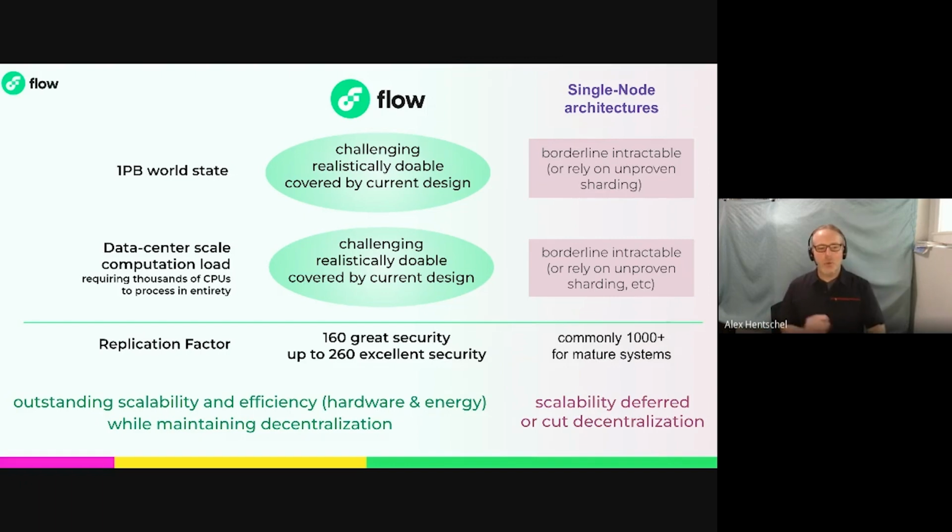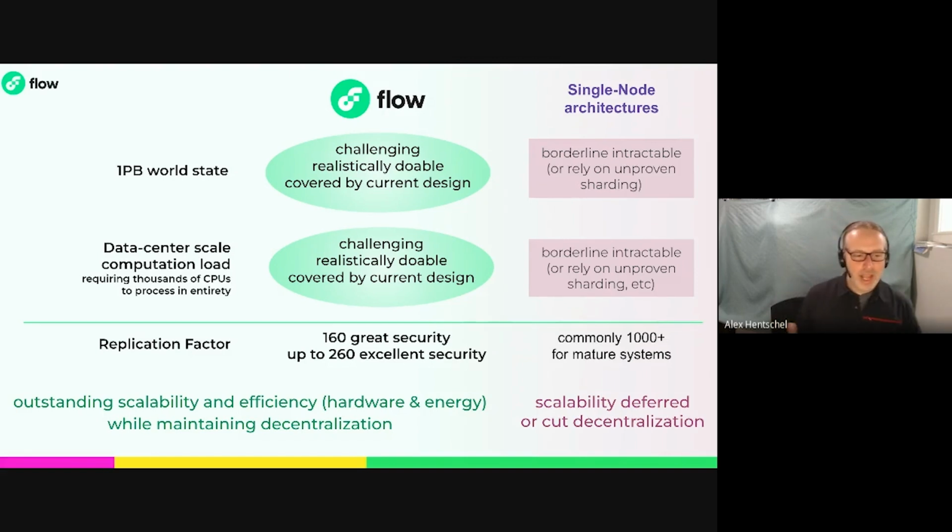And that's the reason why Flow has decided to take on the larger complexity of separating all those functions out into different nodes and not just going with a single node design. Because we believe that in the end, this is future proofing, right? For every developer, it's providing a strong system which can scale beyond what a single machine can do.